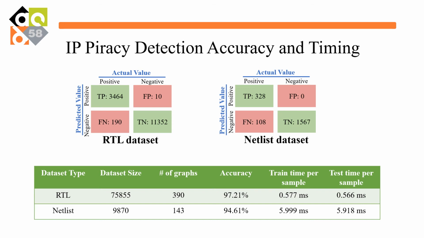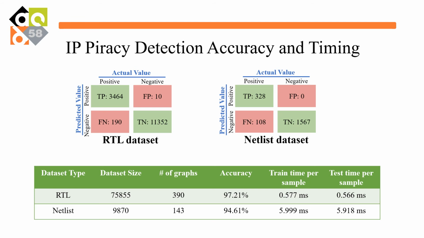Our GNN4IP model examines a pair of hardware designs and labels them as piracy or non-piracy, and it also outputs a similarity score in the range of -1 to +1, where a higher score indicates more similarity. We evaluate the model, and the results are shown as a confusion matrix here.